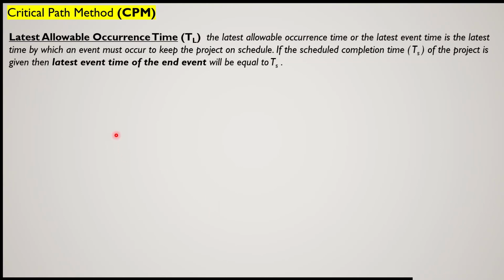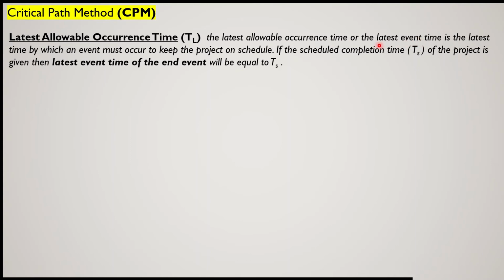Now the next one is the latest allowable occurrence time. That means what is the latest possible time which is allowed so that the project is not disturbed. So it is the latest allowable occurrence time, TL, or the latest event time.